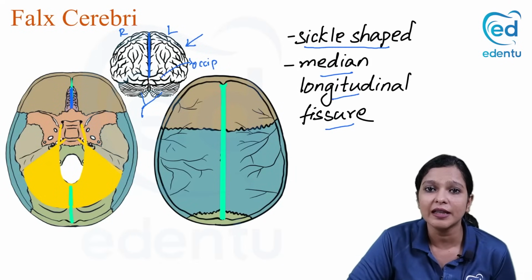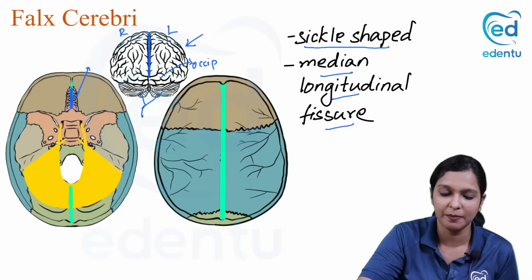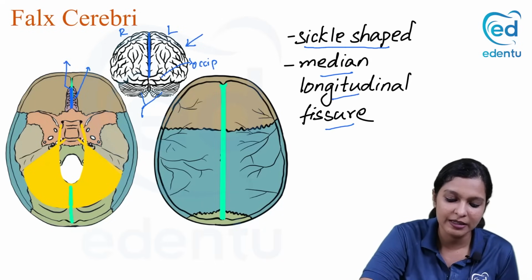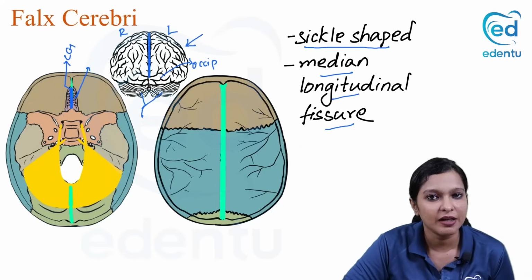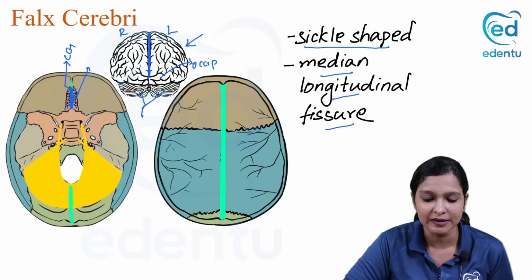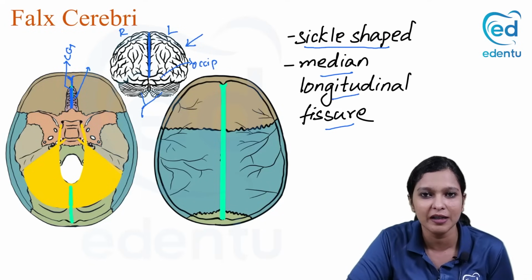We already saw that in the ethmoid bone, these dots represent the cribriform plate. In the midline, there is a raised part called the crista galli. That is the anterior attachment where the apex is attached. Corresponding to that, in the frontal bone, there is a midline crest. That is called the frontal crest.